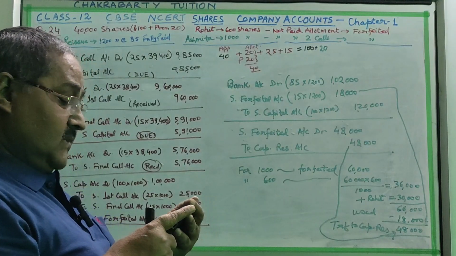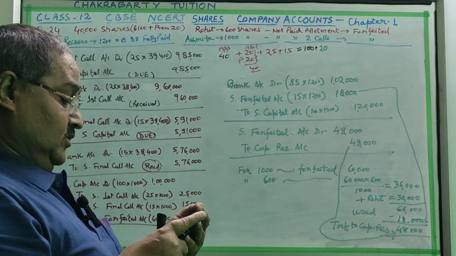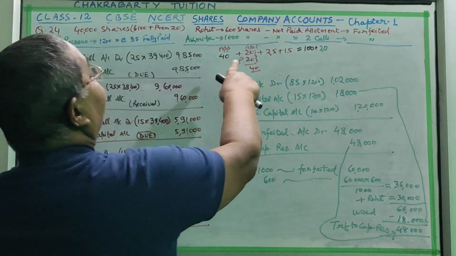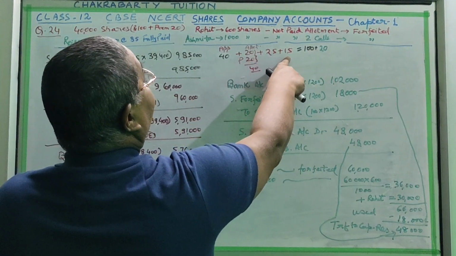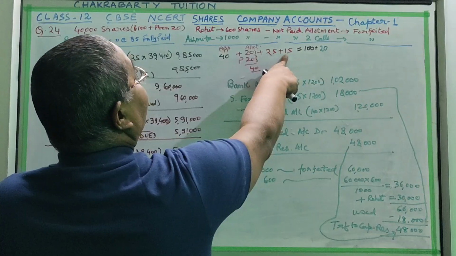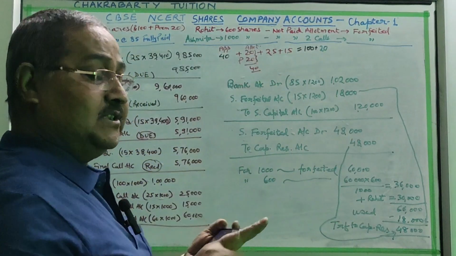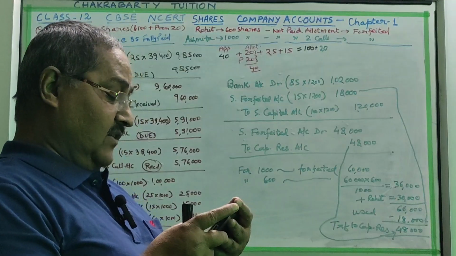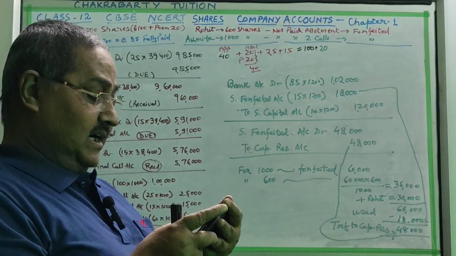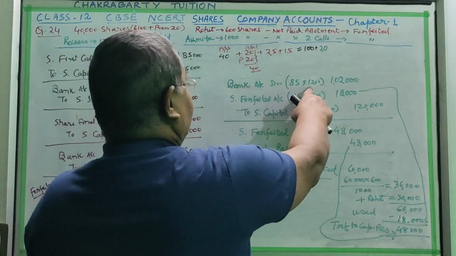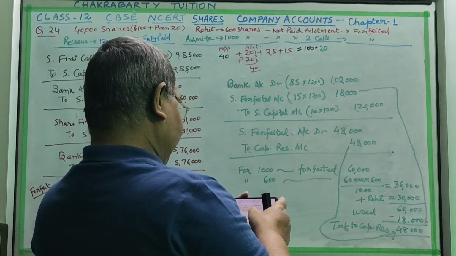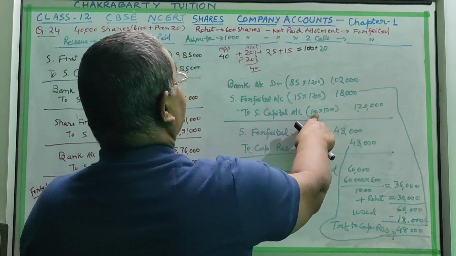Her shares were forfeited after the second call. This is the first call, this is the second call. So all the calls have been made and thereafter it has been forfeited after the second call. Of the shares forfeited, 1200 shares were reissued at the rate of rupees 85 per share, as fully paid up, 100 rupees fully paid.